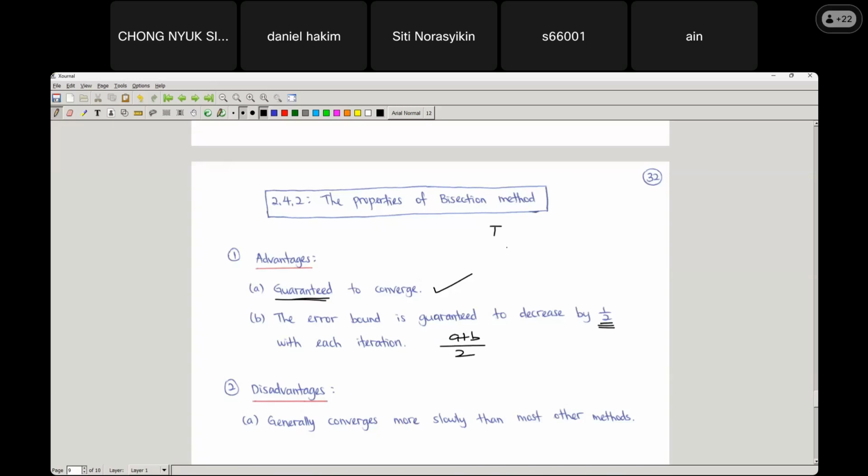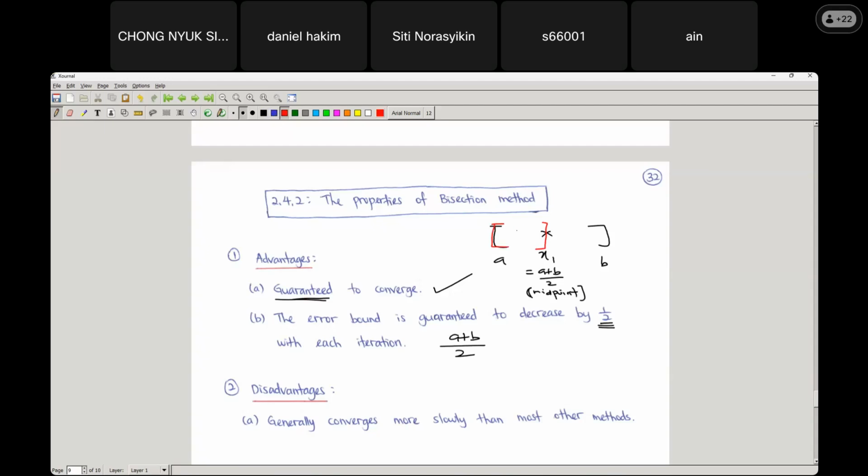So you have interval A, B, and you know that this is your x1, right? So your x1 is equal to A plus B over 2. So this is the midpoint. After that, let's say we consider between A and x1.